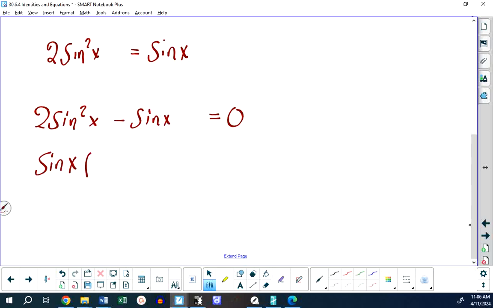You probably don't remember, but when we first learned about quadratic trig equations, I went through a case where we have a quadratic, linear, and constant term. I went through a case where we have a quadratic and just the constant. And I went through a case where you have quadratic and linear, and this is how you do it. You factor out the common factor. And you're left with 2 sine x minus 1.